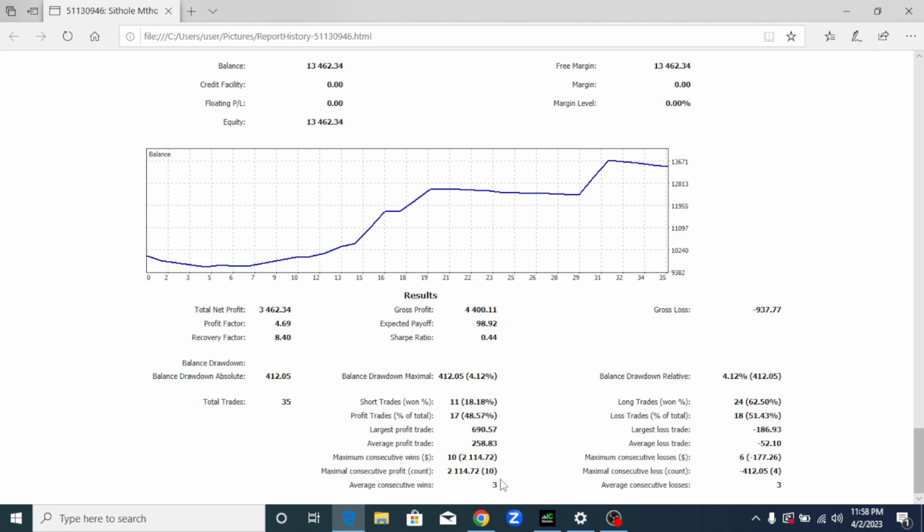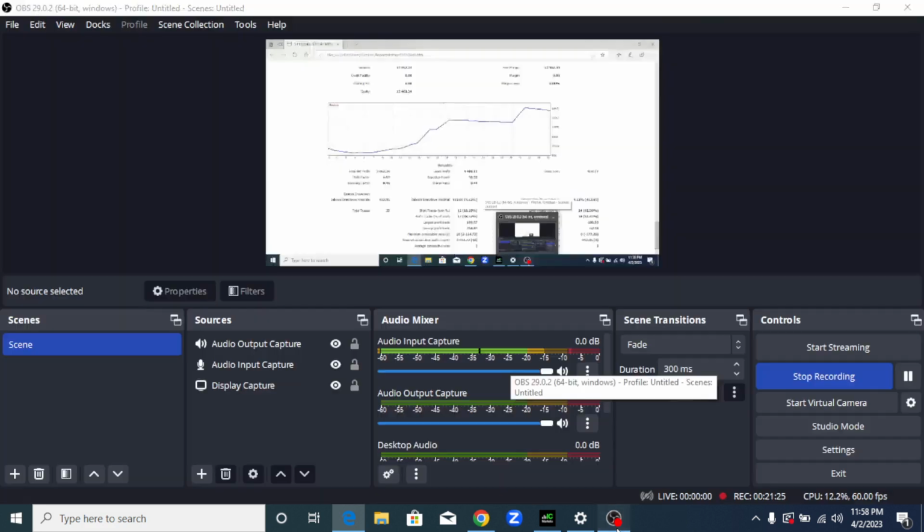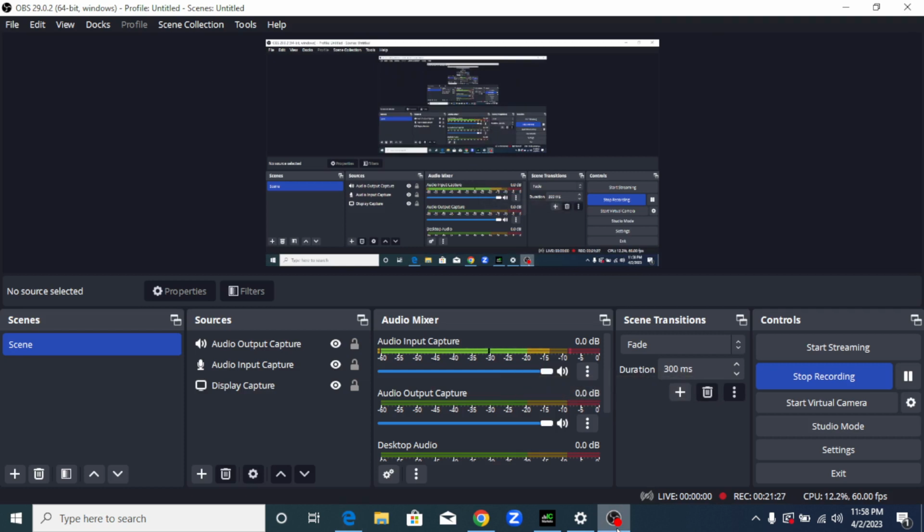Consecutive losses should be less than consecutive wins, and consecutive profits should be more than consecutive losses, and it should be better. So I'm taking out counter trend trading. I want to see some improvements. So yeah guys, enjoy.